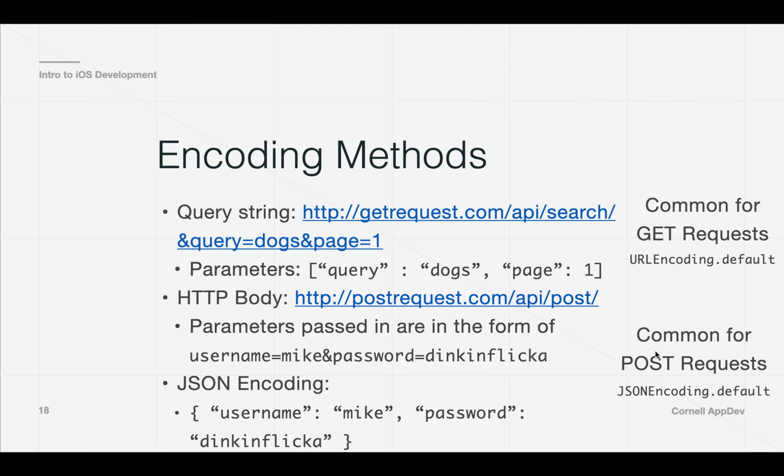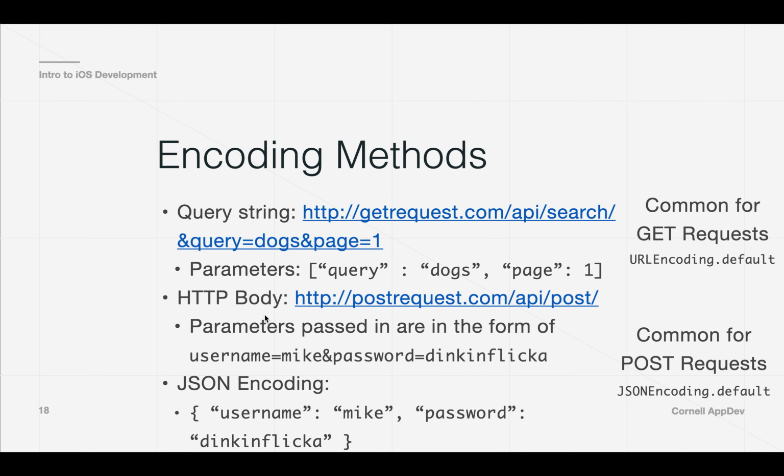And then another way to do this is you can pass it in through the HTTP body. So this is not going to be exposed directly on the query string, but it'll be passed in as extra information on the network request. And so we could do the same thing, pass in a username and password.